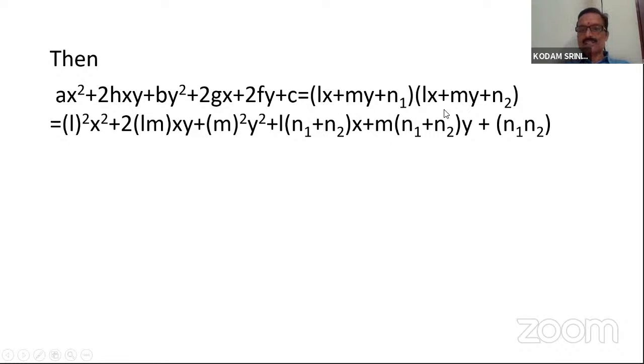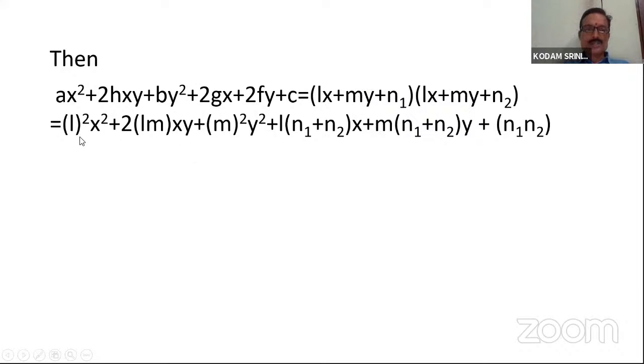Similarly, lx into my is lmxy, and my into lx is another lmxy, so we have 2lmxy.